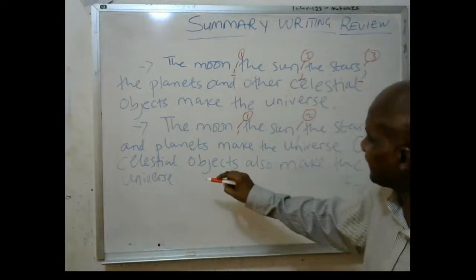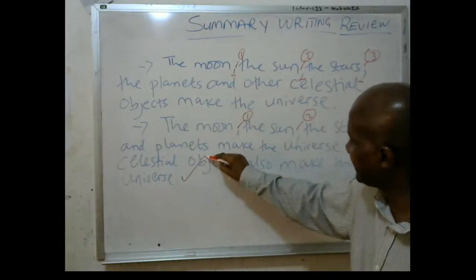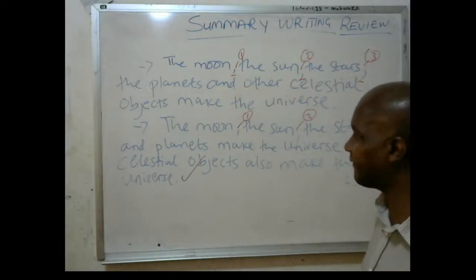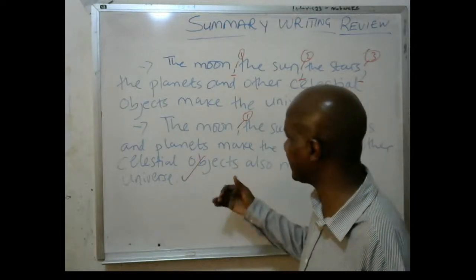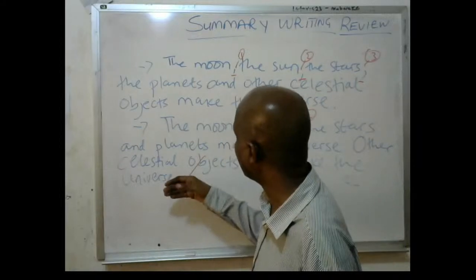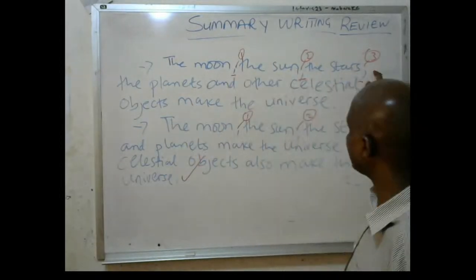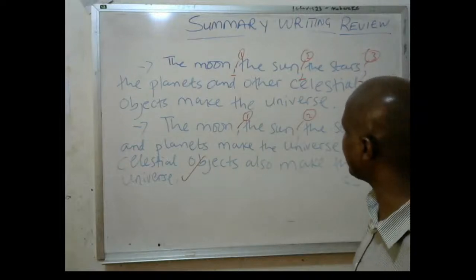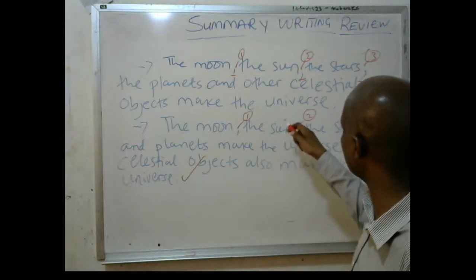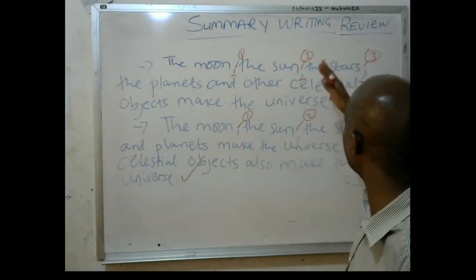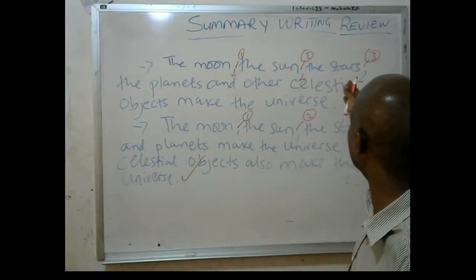So in summary writing, that would be a better paragraph. It will make your sentence clear. Compared to what we are seeing here, we said we are not allowed to use more than 2 commas. When you do this, you will be penalized because the meaning may somehow be distorted.